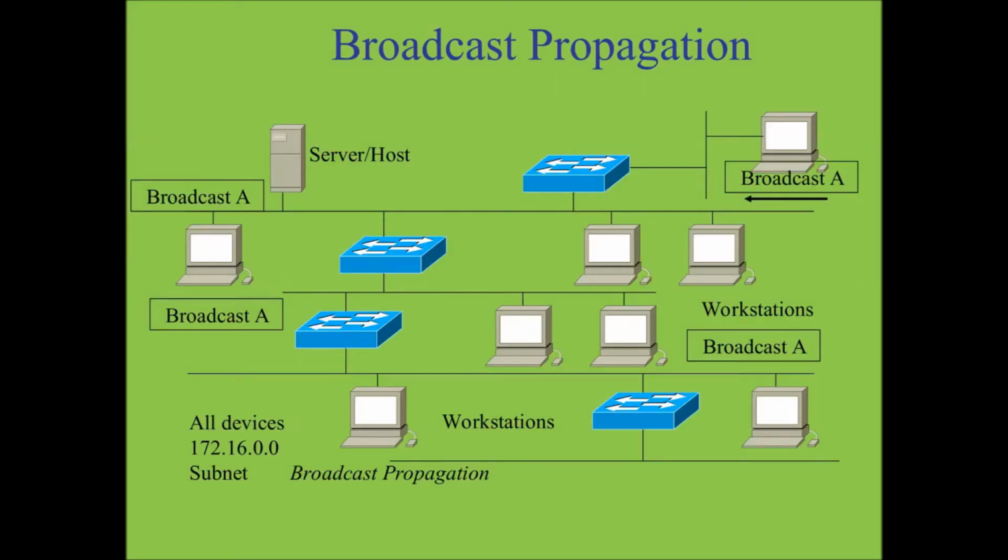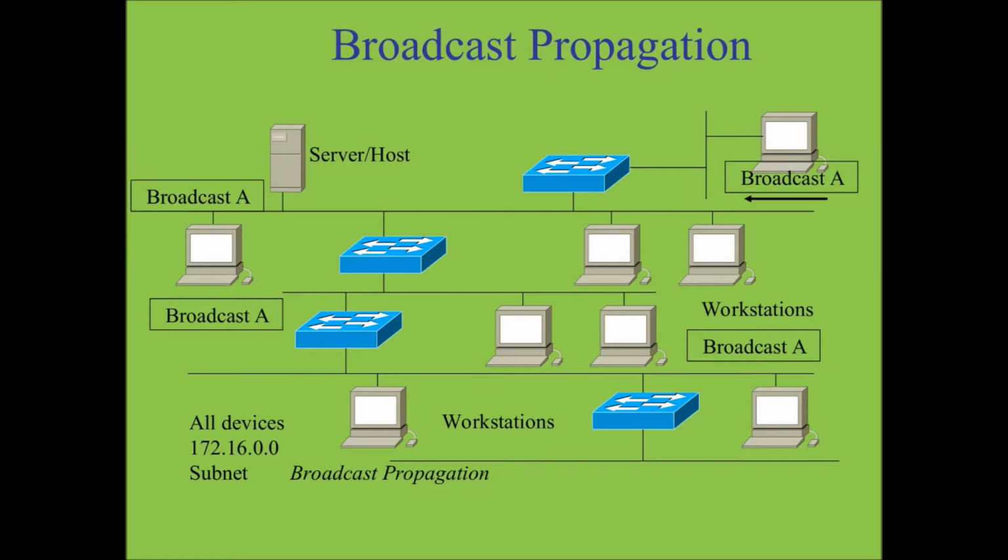Broadcast propagation. In this diagram you can see a server and there are 4 different switches and there are different workstations which are connected to these switches, and switches are indirectly connected to the server. So what is broadcast propagation?